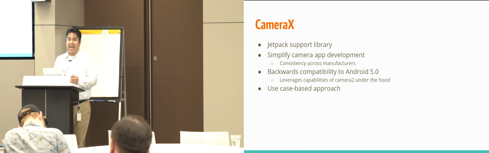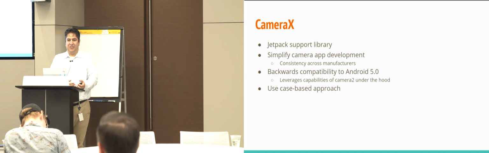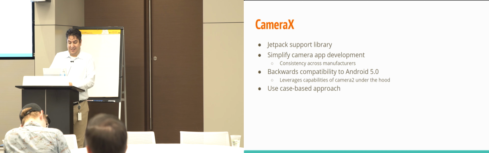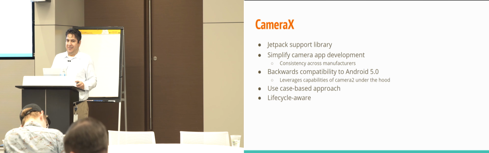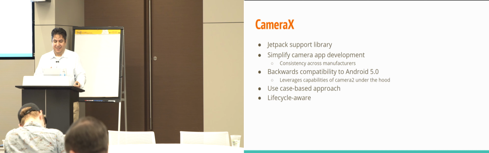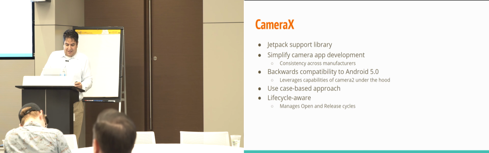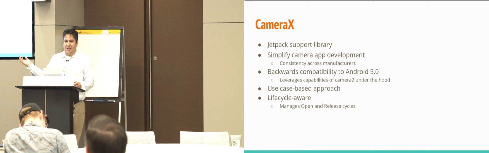And it helps abstract back Camera 1 functionality into the Camera 2 world. It's lifecycle aware, which is absolutely the best part about this, because you don't need to worry about the lifecycle. It uses the lifecycle owner to determine whether or not it should release the camera. And this is obviously one of my biggest headaches. So the open and the release routines are now managed by CameraX for you.